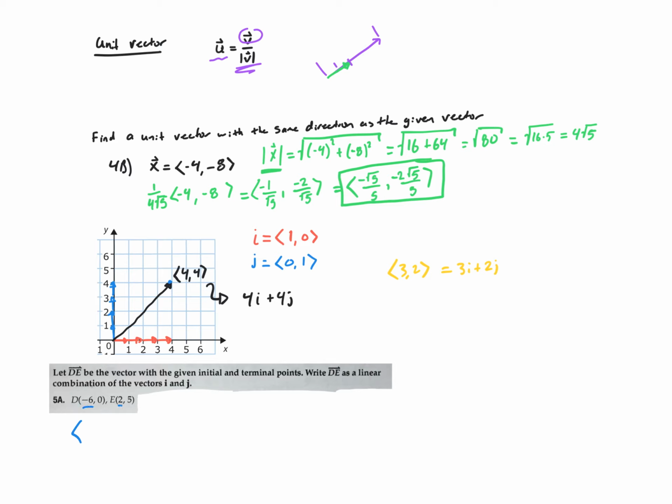So 2 minus negative 6 is going to be 8, and 5 minus 0 is going to be 5. Now that it's in component form, we can write it as a linear combination of the vectors. So it's going to be 8i plus 5j.